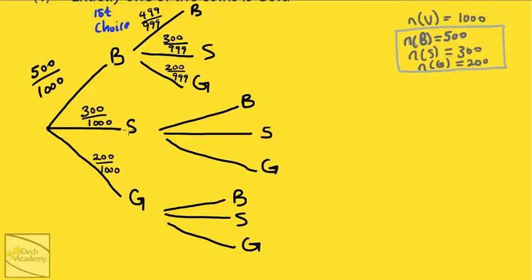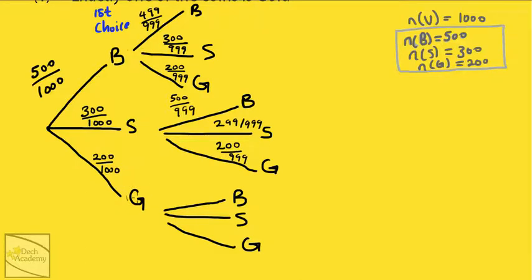Here, it's silver first, then bronze. So there are still 500 left out of the remaining 999 because a silver has been chosen. Here, there are 299 silver coins left out of the remaining 999 coins. Here, there are 200 gold coins left out of the remaining 999 coins.